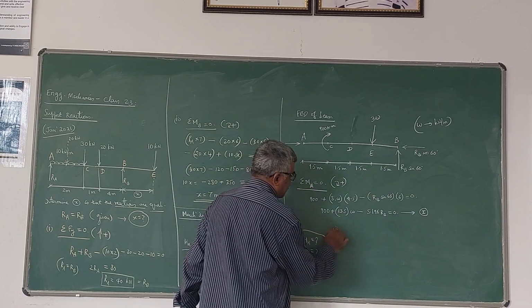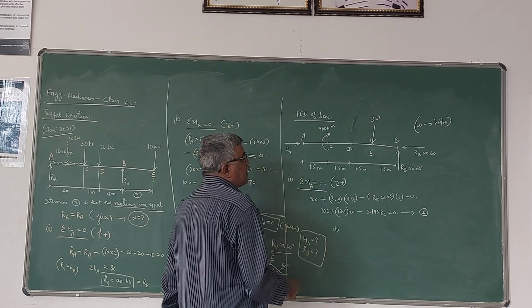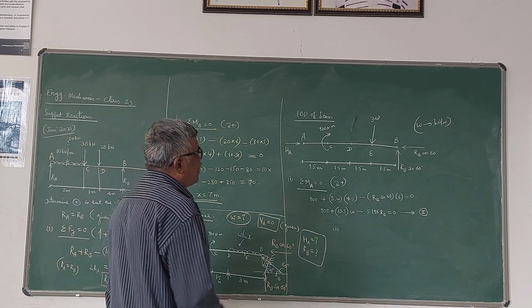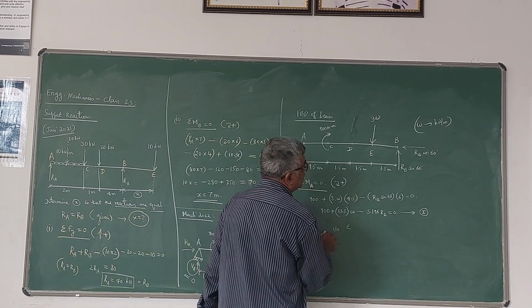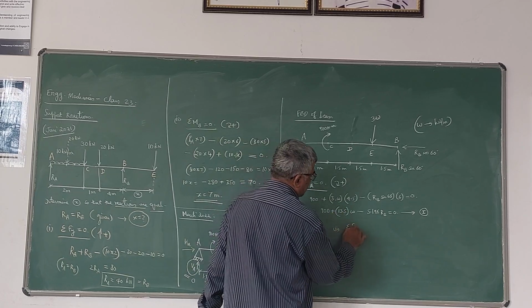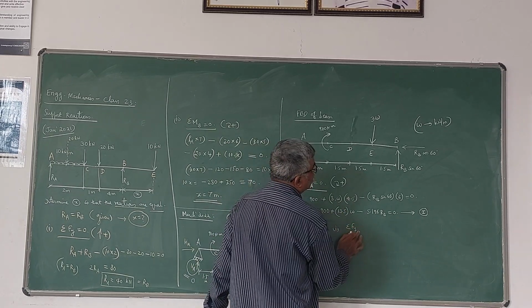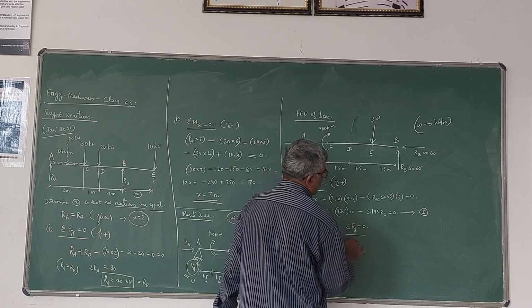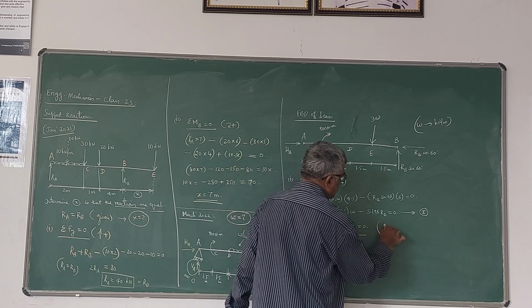Now the second equilibrium equation that we can use is sigma Fy is equal to 0. Upward positive, downward negative.